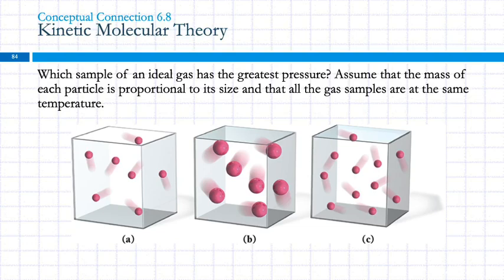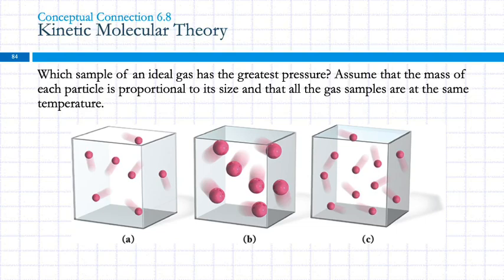Well, let's not just guess. Does the size of the particle affect the pressure? No, it doesn't. So it doesn't matter what size the particles are. What matters, PV equals nRT. We've got pressure, that's what we're trying to figure out. The volumes are the same, and the temperatures are the same, and the ideal gas constant is the same.